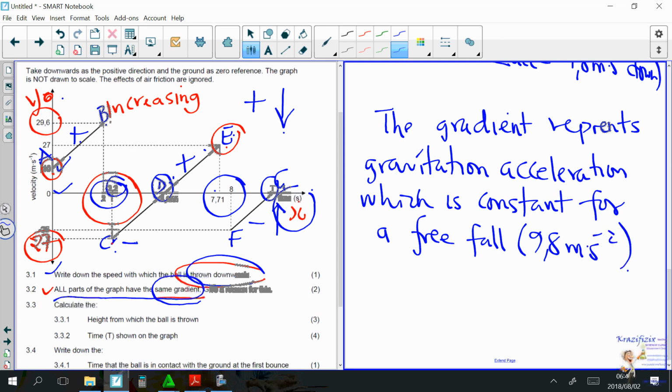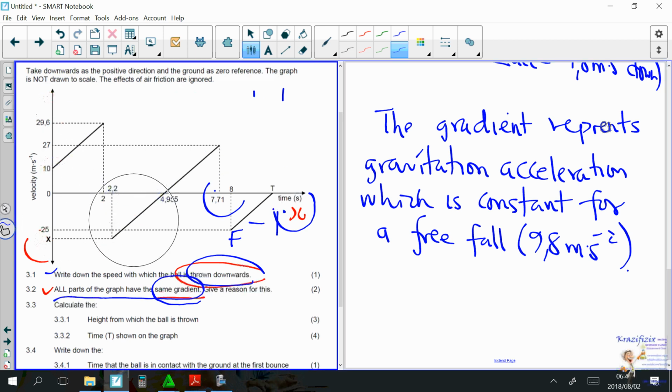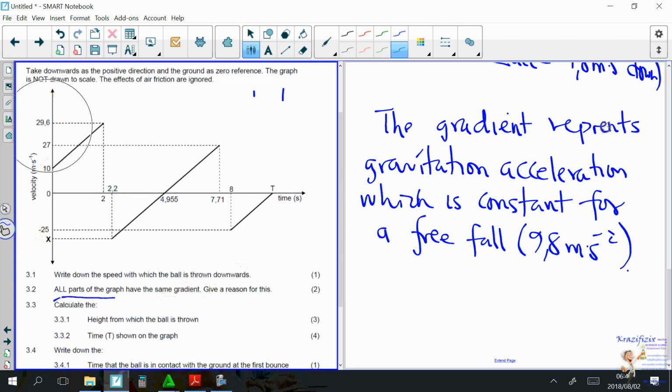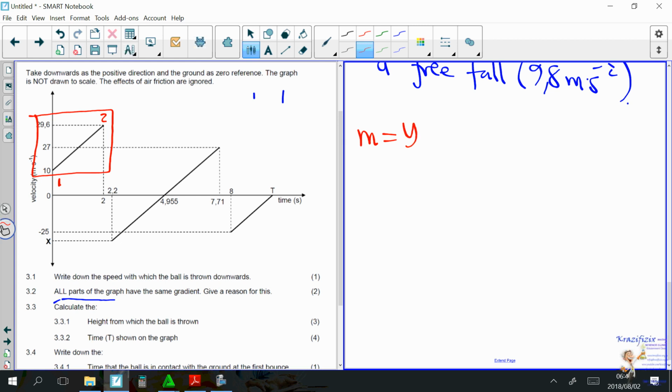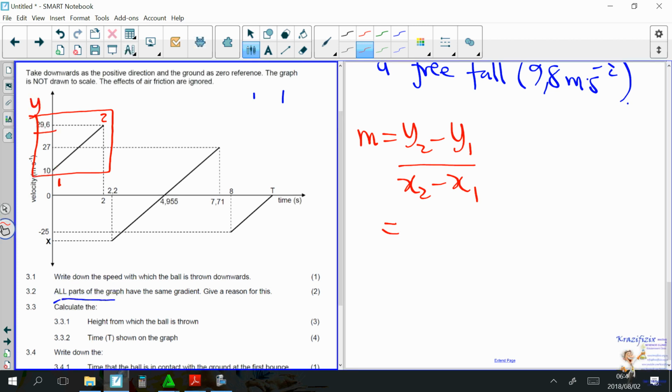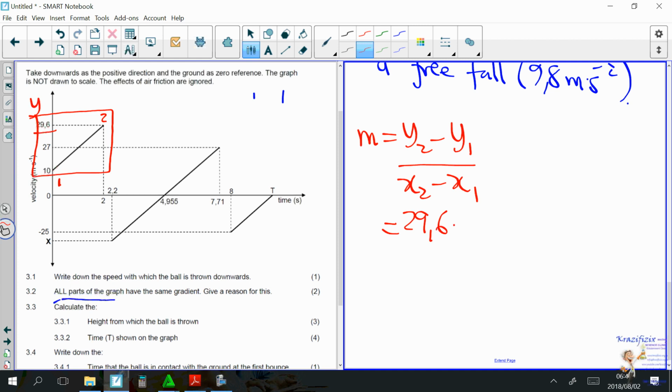I want us to quickly try something. Let me remove all of this so that it's clear. Let's try to calculate something here. Let's look at this section. Let's take this as 0.1 and this as 0.2. What is the gradient? m equals y2 minus y1 over x2 minus x1. What is my y2? 29.6. What is my y1? 10.